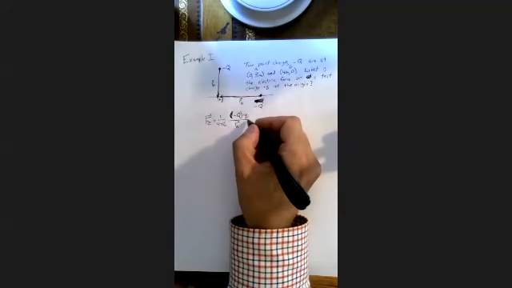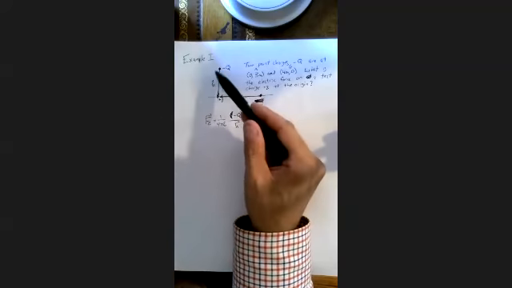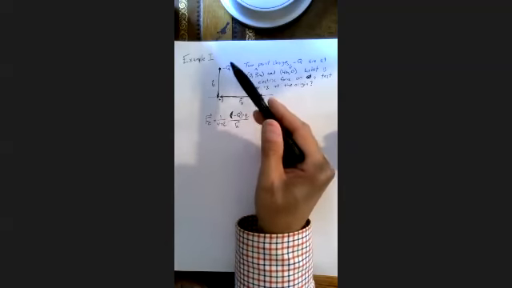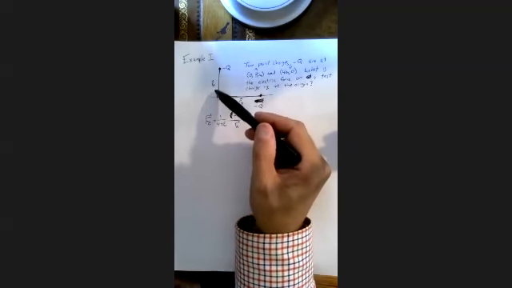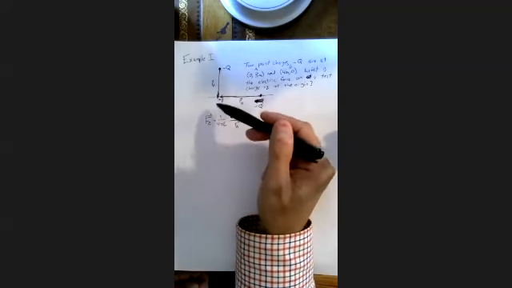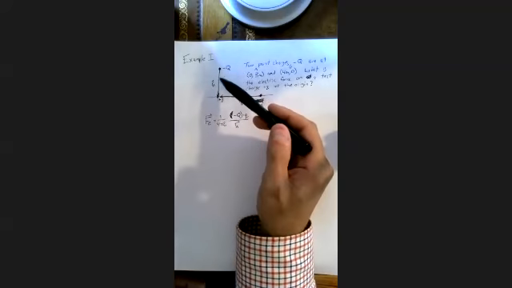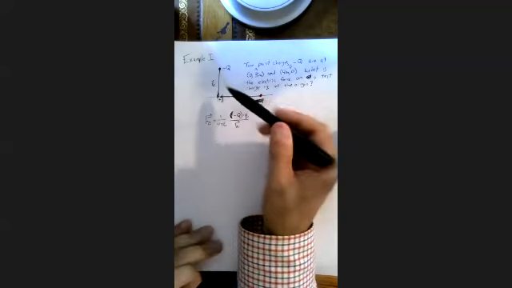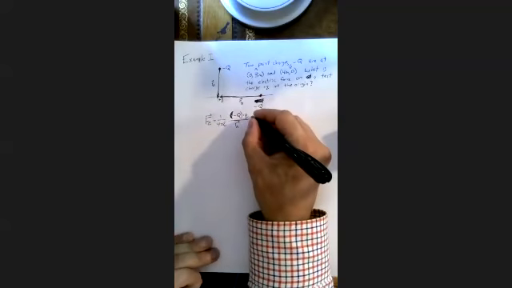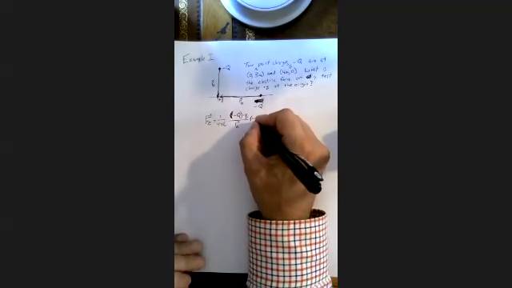And the r hat, the direction from this charge to that one, is just straight down. Not talking about the direction of the force, just the direction of the r vector, that's minus j hat, j hat being the direction along the y-axis.